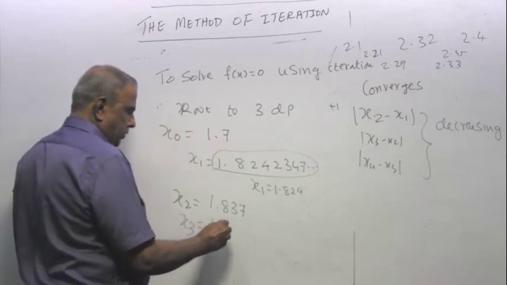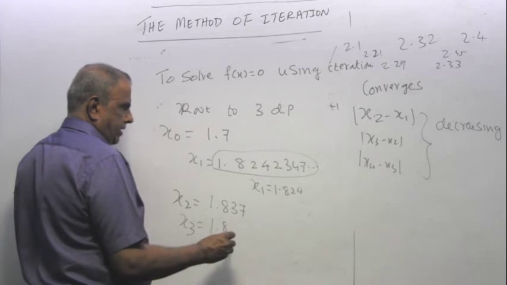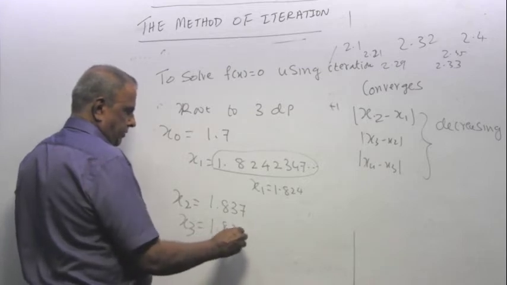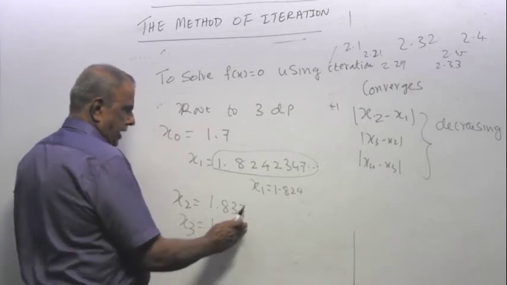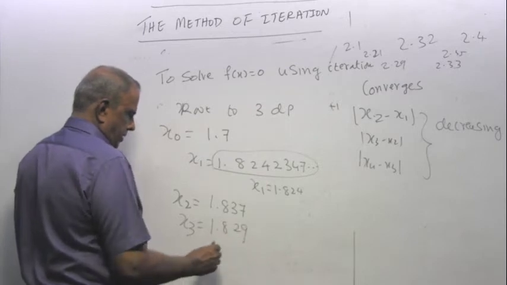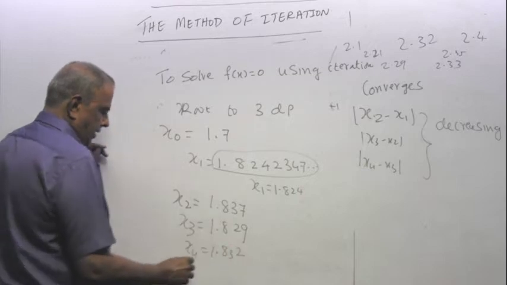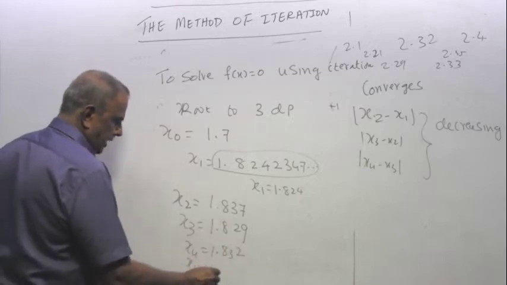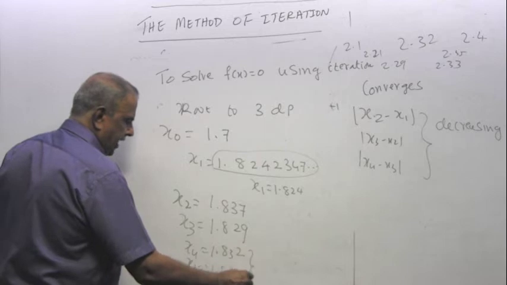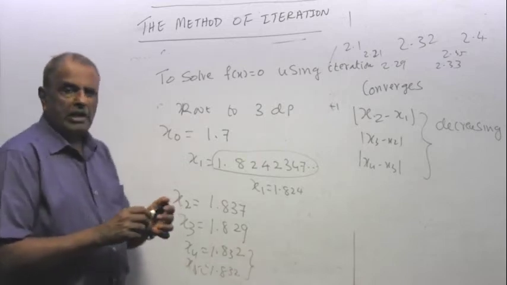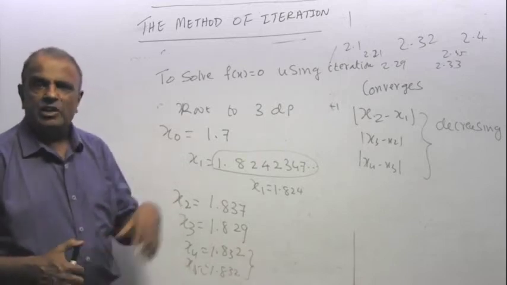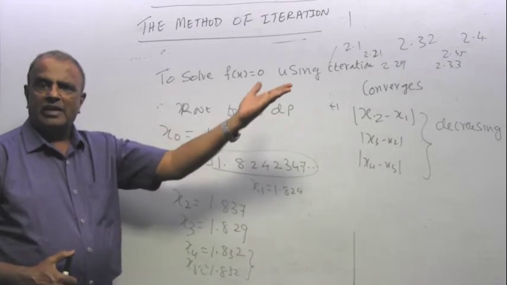Maybe you may get 1.829. Then x4 is 1.832. x5 is 1.832. Then you stop when two values are identical to the accuracy required.